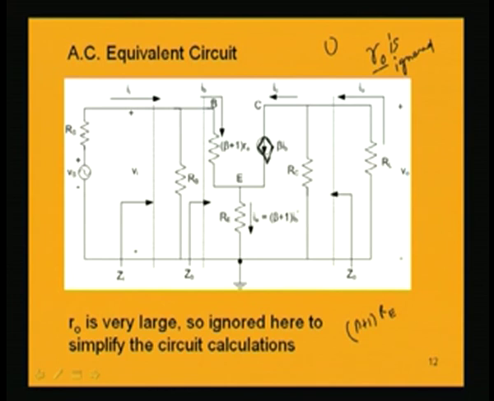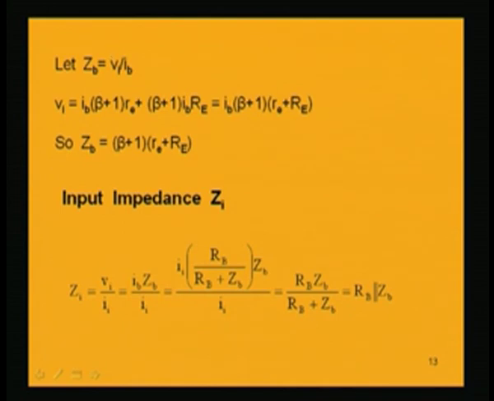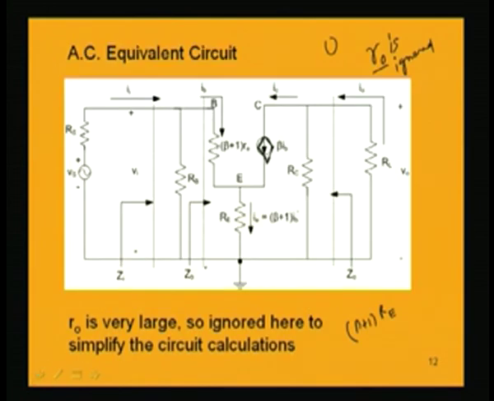Let us name this whole resistance ZB for clear understanding, and denote it separately: ZB is equal to Vi by IB, that is this voltage divided by the current IB, as we have just expressed it as beta plus 1 into RE, keeping the IB the same.